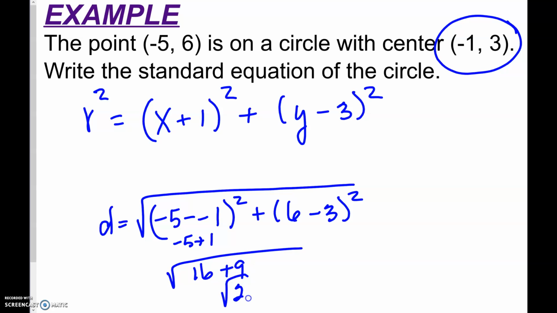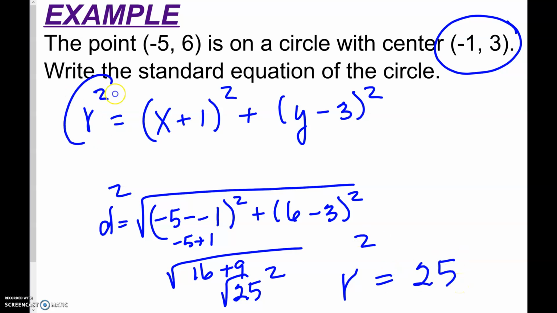So I have the square root of 25. But remember, we really want to square both sides so that it says radius squared equals 25. So that I can fill in this number right here with the number 25. So I'm just going to erase that and plug that in with the number 25.